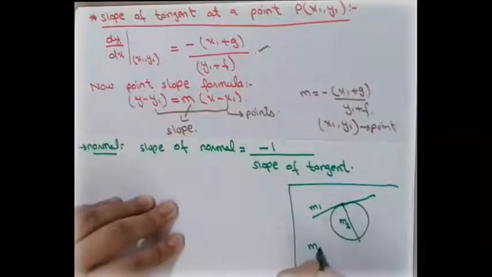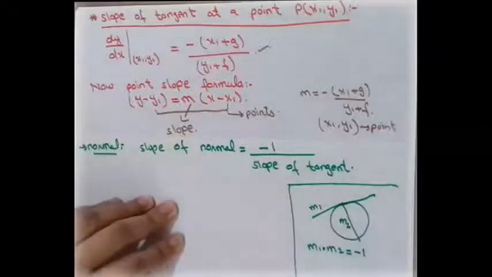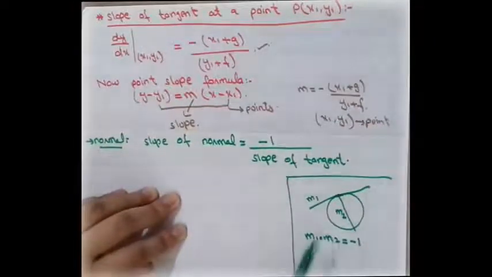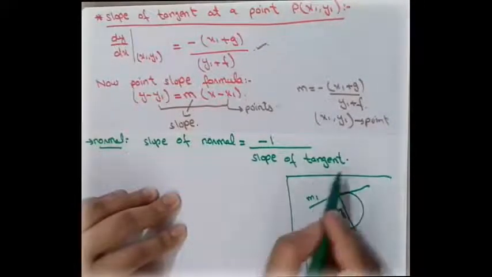So we can write it as m1 times m2 equals -1. Slope of the normal we have to find, so it will be m2 equals -1 divided by m1. Basically we use this logic over here.